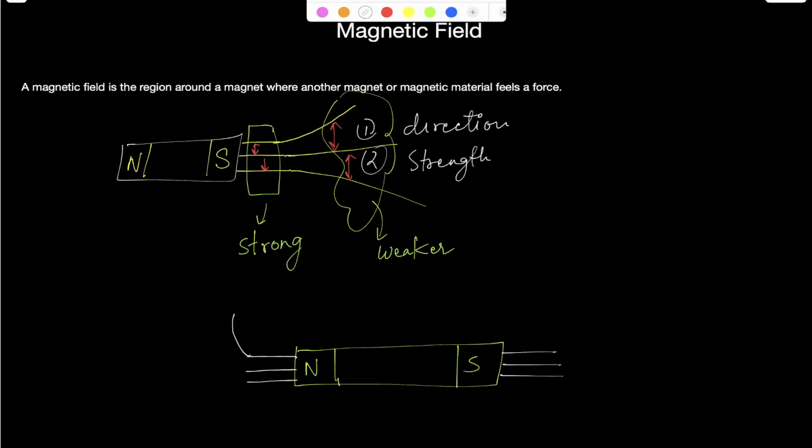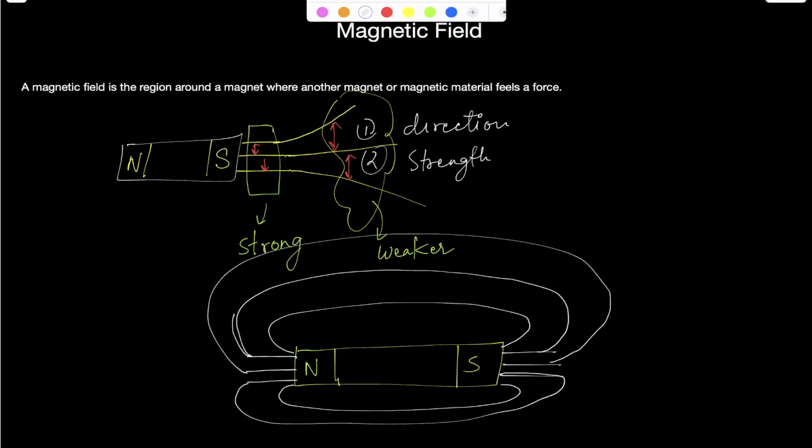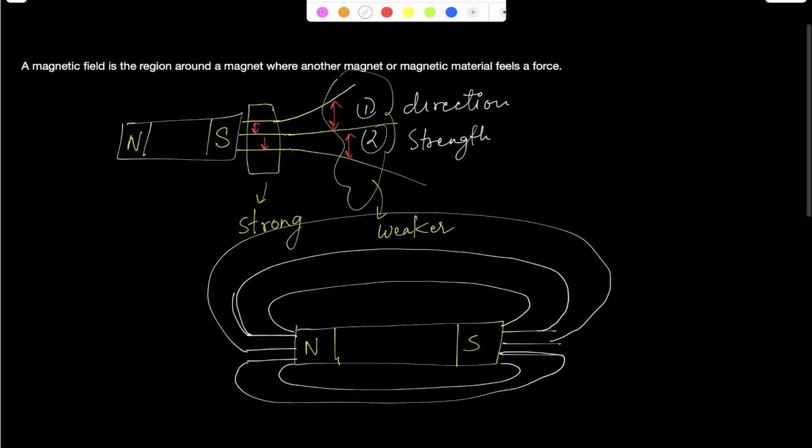When they deflect, we show them like that, and down there the same as well. Let me draw a few more to show you the magnetic field lines.